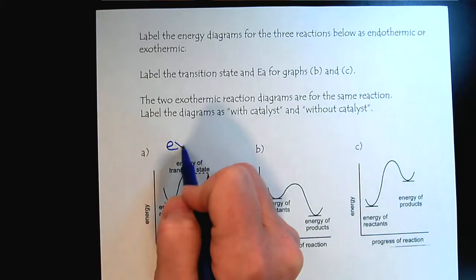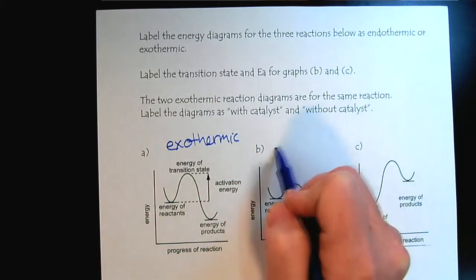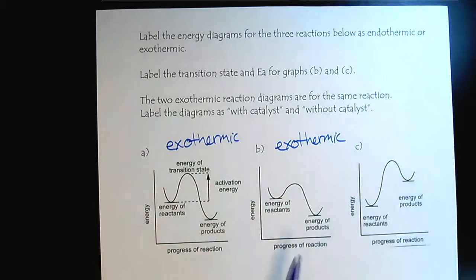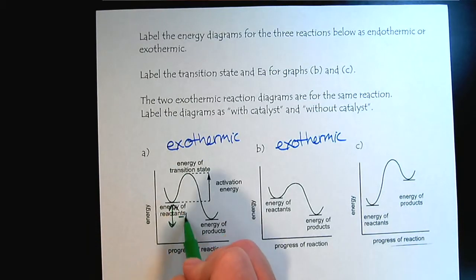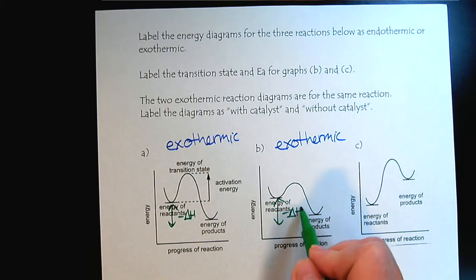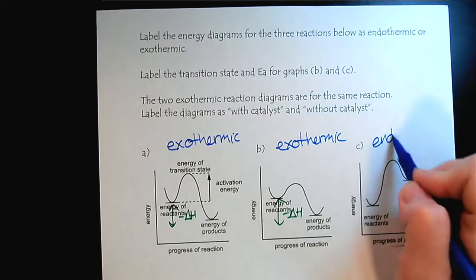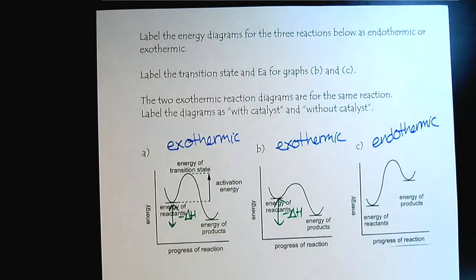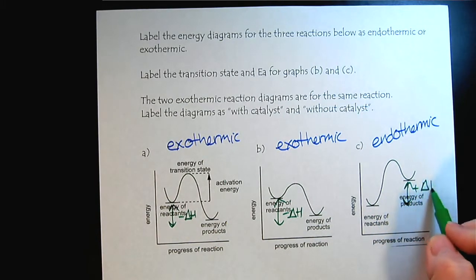So we can see that reactions A and B are both exothermic because the products are lower in energy than the reactants. And we can see that reaction C is endothermic because the products are higher in energy.